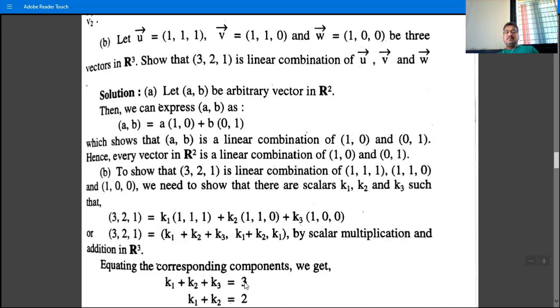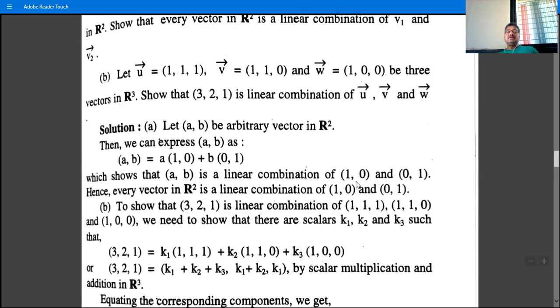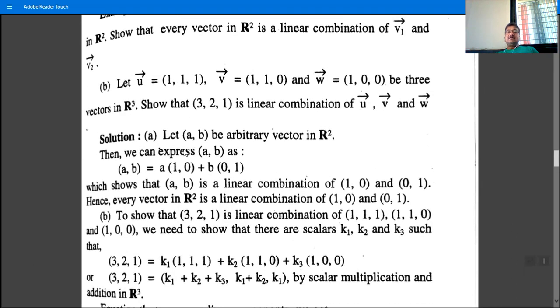So the first sentence is: let k1, k2, k3 be scalars such that the vector is equal to k1 u bar plus k2 v bar plus k3 w bar. Here u bar, v bar, w bar are the notations.